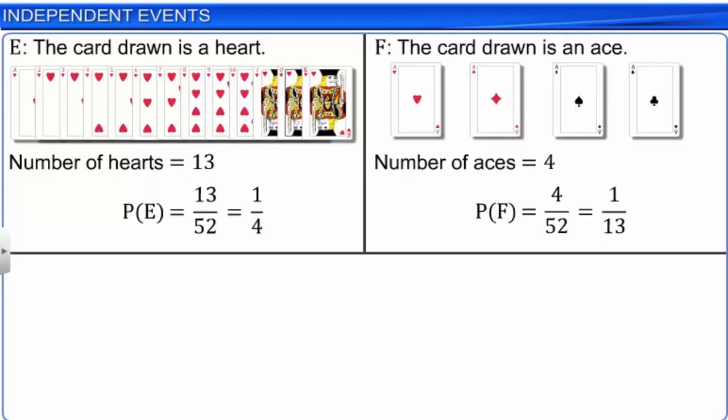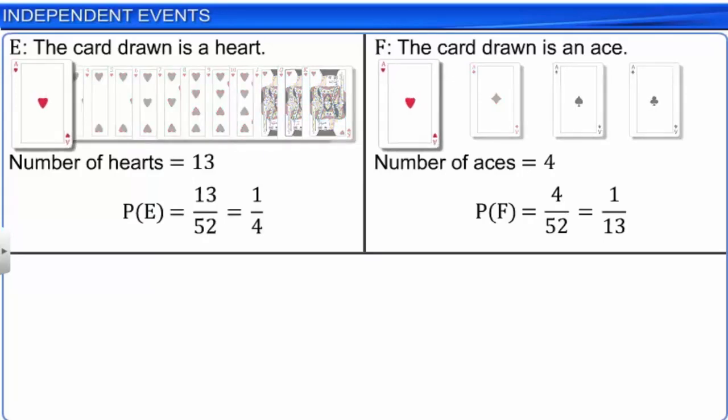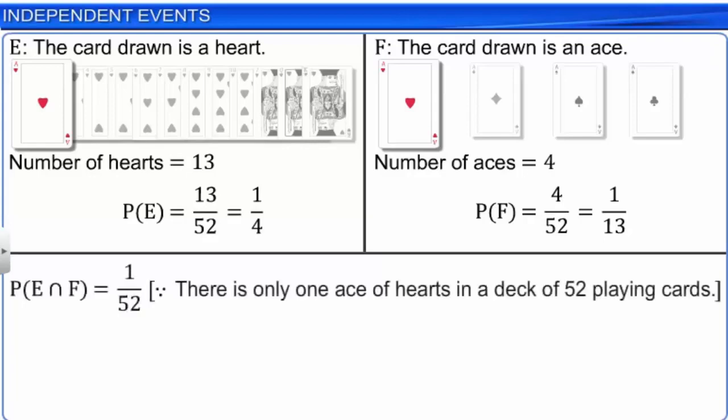Now, there is one card that is common to both the events. So, E intersection F is the card, and it is the ace of hearts. And since there is only one ace of hearts in a deck of 52 playing cards, the probability of event E intersection F is 1 divided by 52.